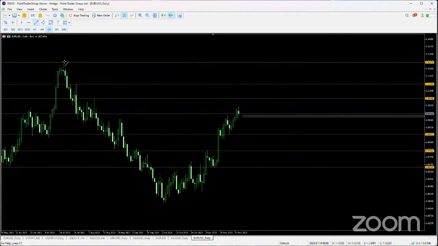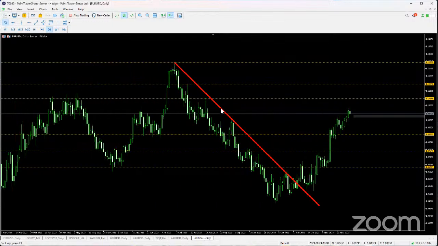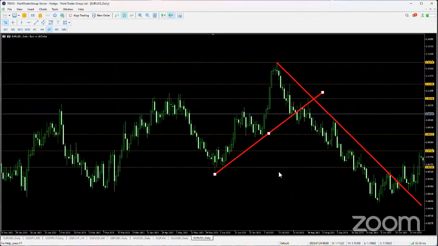For instance, this is a downtrend here and here, and on the third touch you could go short here. Broken, so the scenario would change here as well. Look at this. Breakout, the market retests the broken level, then it goes down.